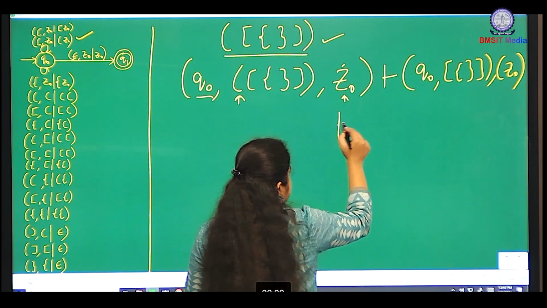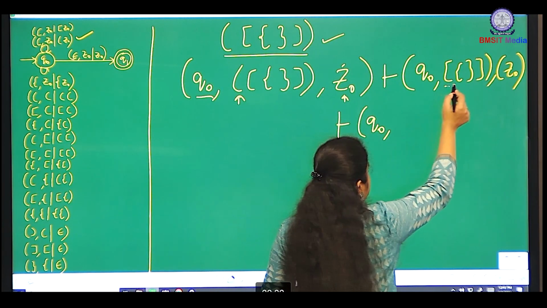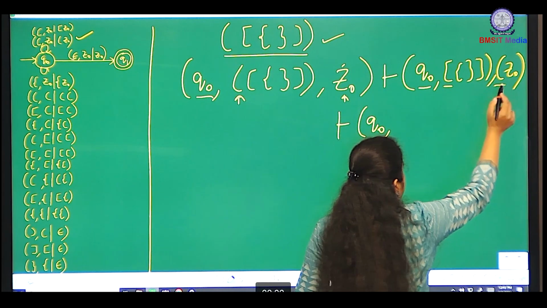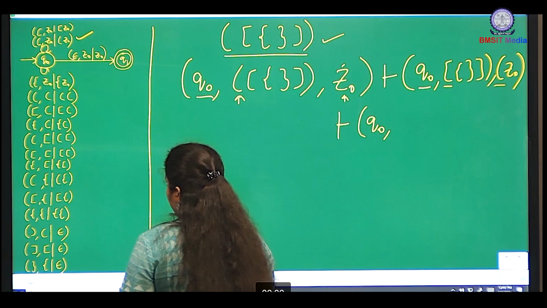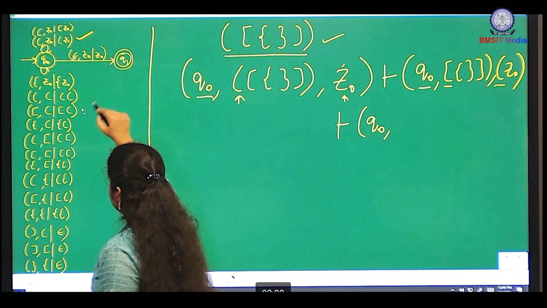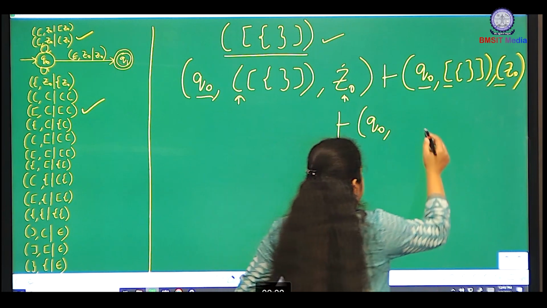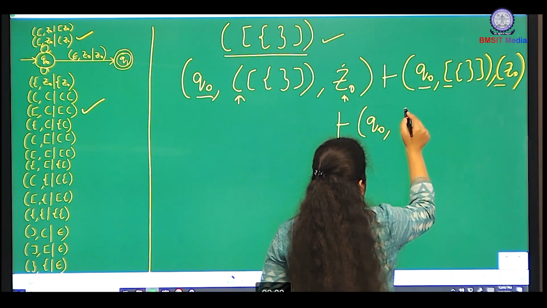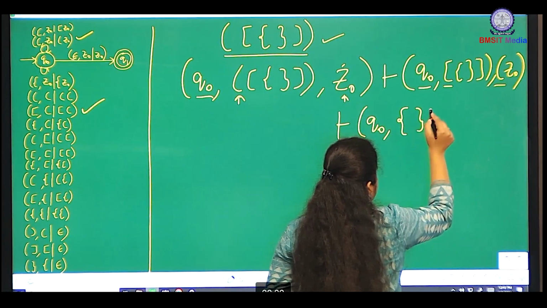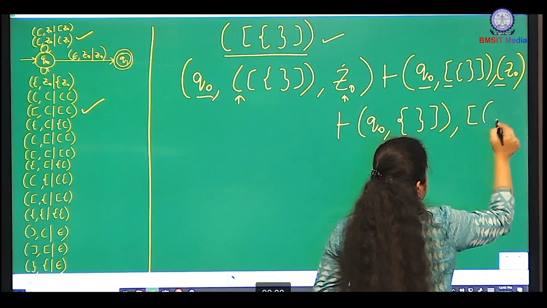So, here Q naught is reading square and the input symbol is open parenthesis. Based on this transition, you will simply push it onto the stack. The remaining string is, you will just write down the remaining string and push that onto the stack.